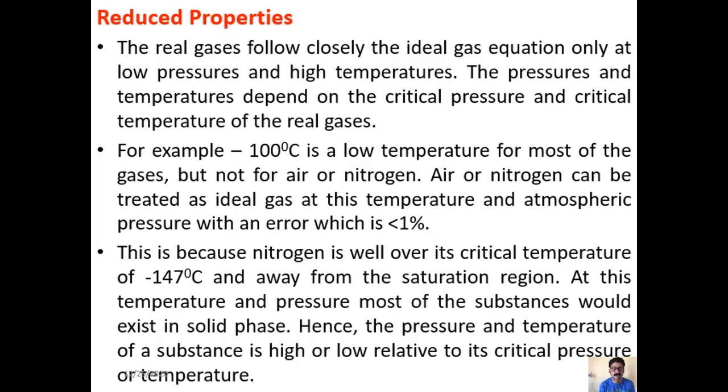So with this example, I am saying that minus 100 can be a low temperature for most of the gases, but not for nitrogen or air. This is because minus 147 degrees Celsius is the critical temperature for nitrogen. So minus 100 cannot be a low temperature for nitrogen. Okay.